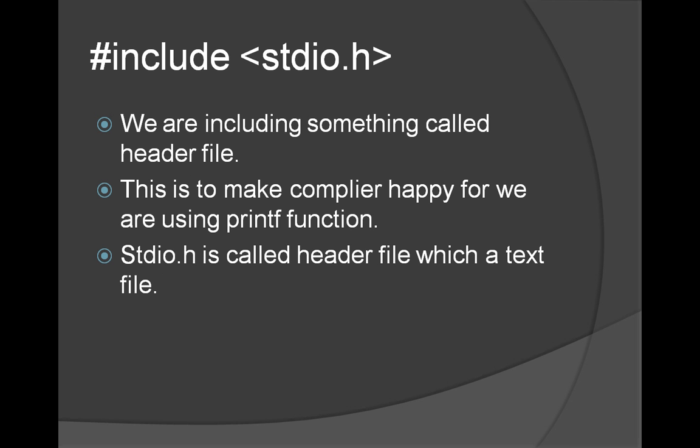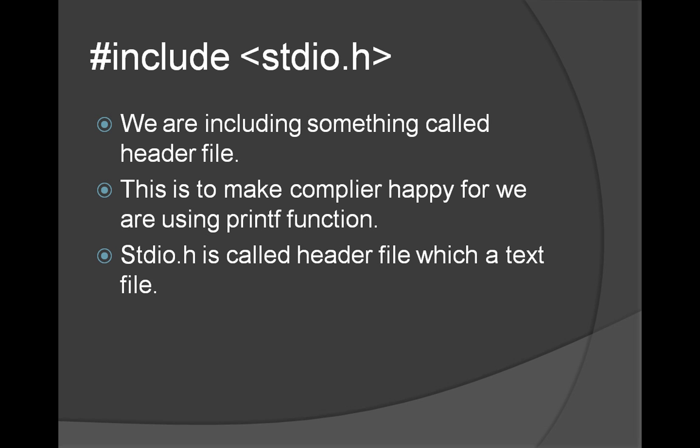So why do we need stdio.h or conio.h, which we have used? Because the compiler doesn't know anything about printf. So we have to introduce some mechanism to tell the compiler that printf is a function and we can call it.